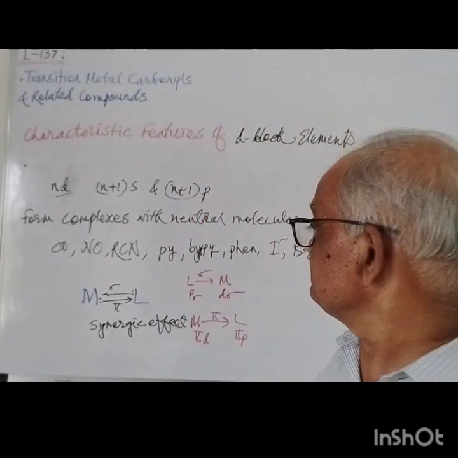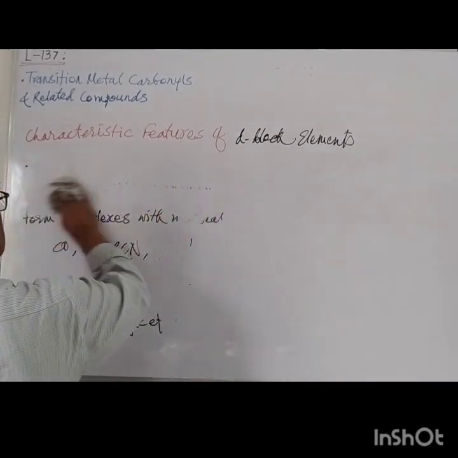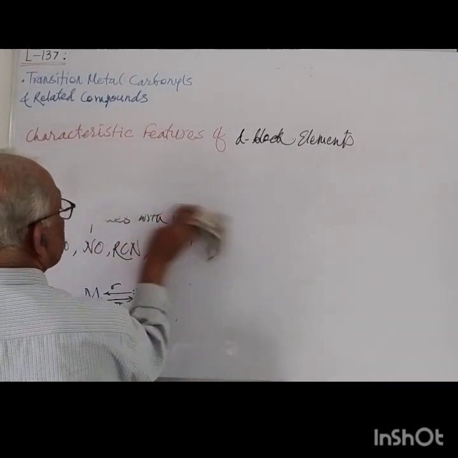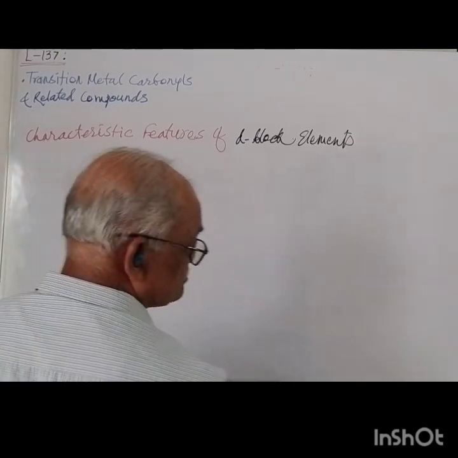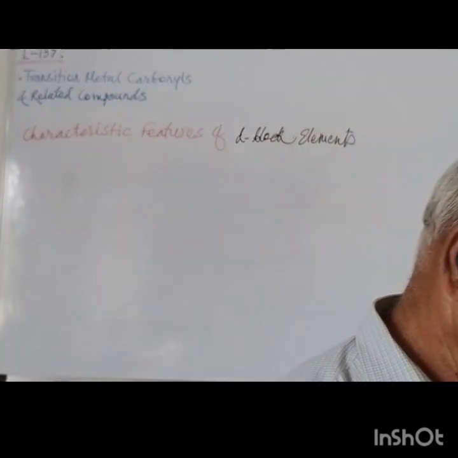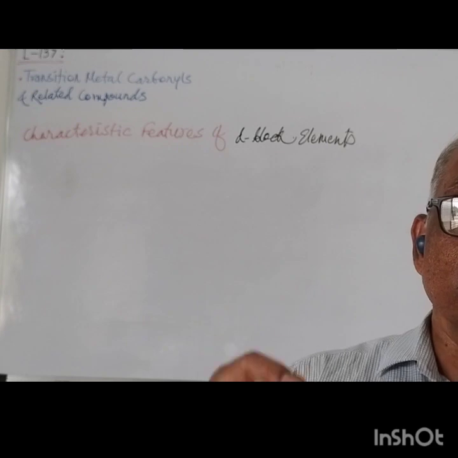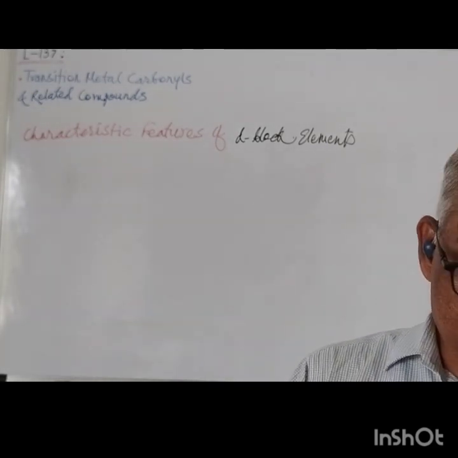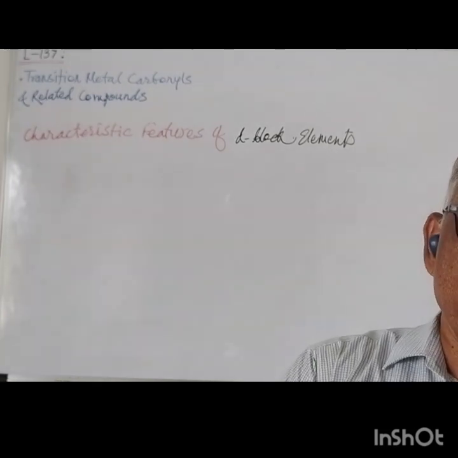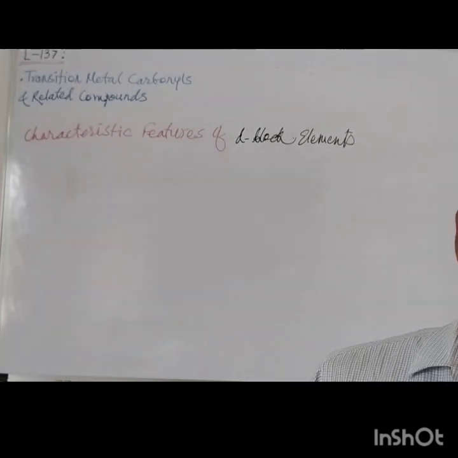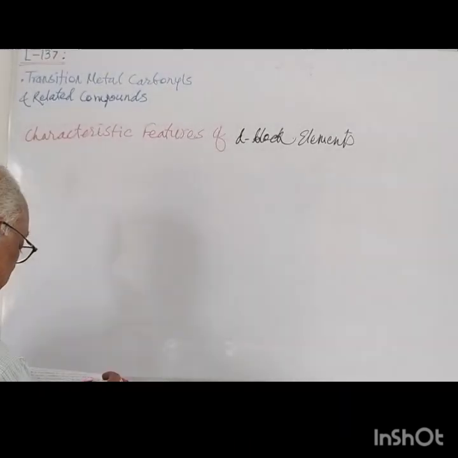Then another feature of these transition metals is that these metal carbonyls exist in atomic state, meaning as a monomer or mononuclear complex, dinuclear complex, trinuclear, that is polynuclear complexes, and we will see some of the examples.